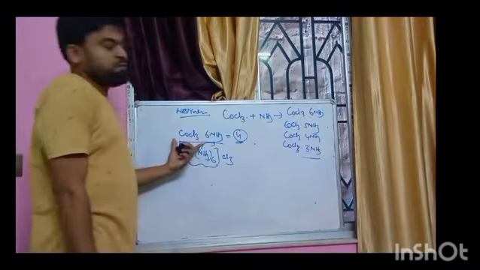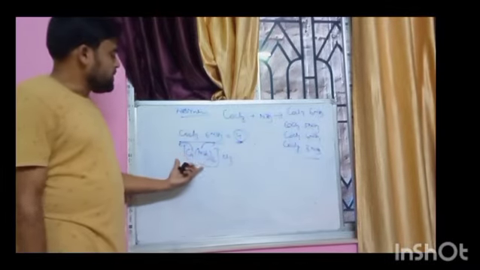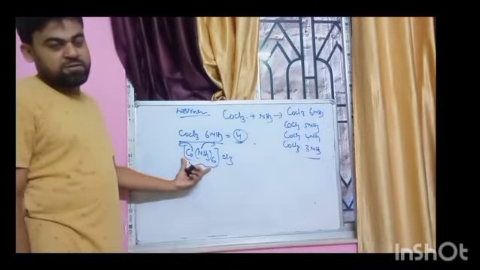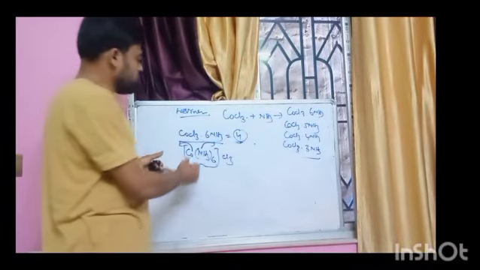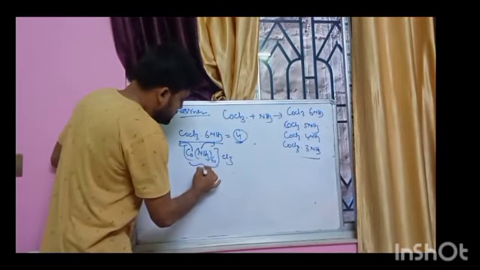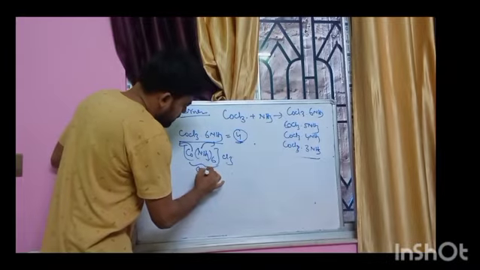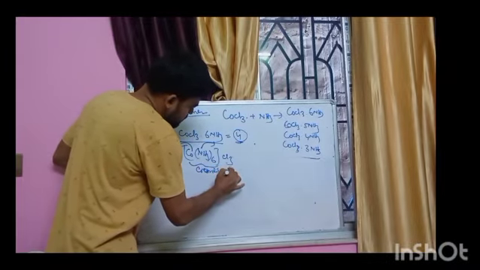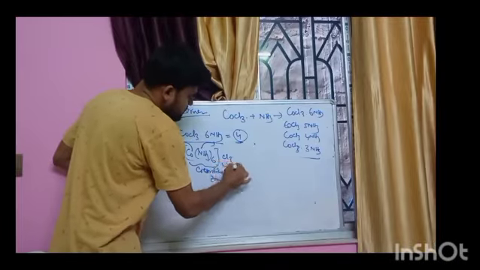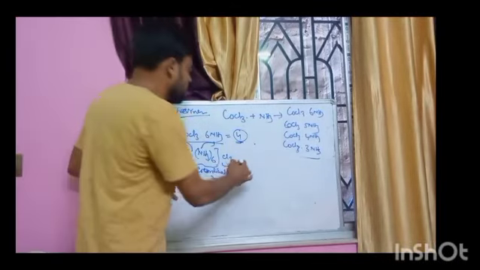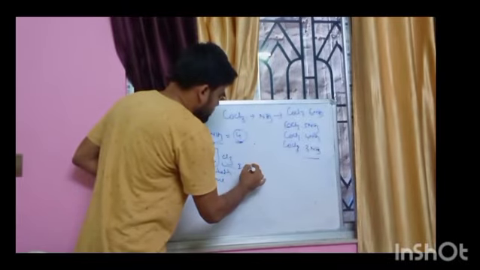In CoCl3.6NH3, the part between the square brackets is called the coordination zone, and outside the bracket is called the ionization sphere.